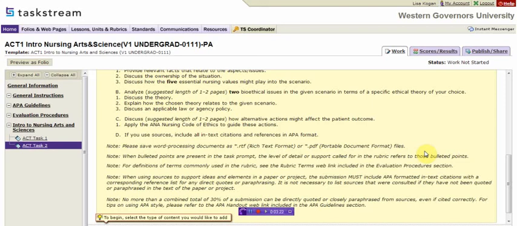Then you're asked to discuss an applicable law or agency policy. For some nursing students, this is easy because they work at a hospital and have access to their facilities' different policies and protocols. So they can look one of those up that would be applicable in this scenario.